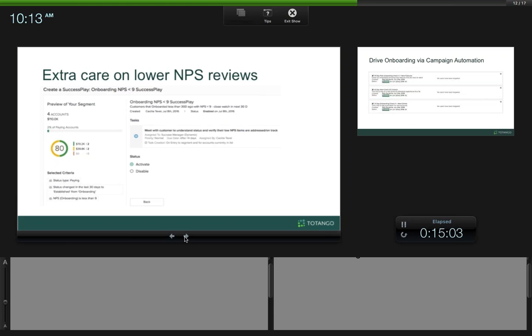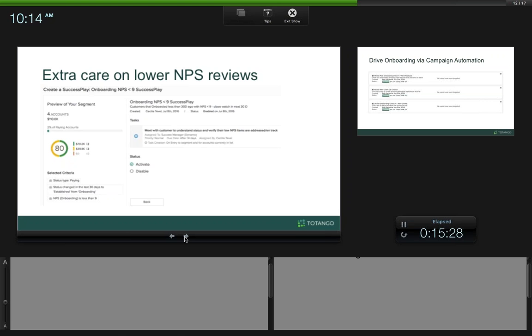Another example is taking extra care when you have not so positive reviews. And with NPS, at onboarding, if you're sending some sort of survey to understand how the customer rated your onboarding process, and if anything falls below like a 9, I would say you probably want to monitor the customer pretty closely in the next few days right after they've onboarded.